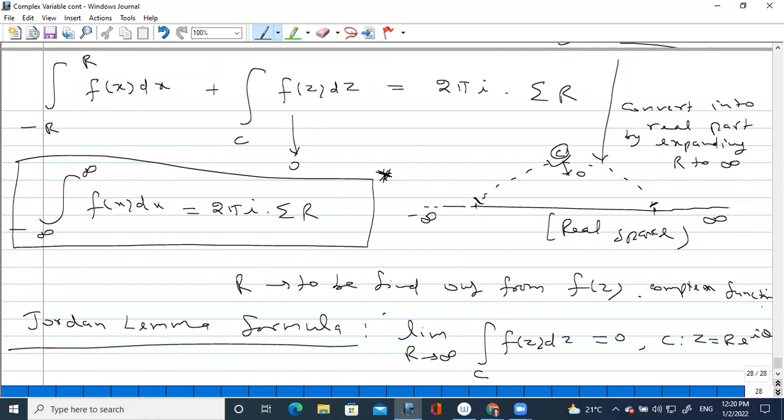Okay, so this was Jordan's Lemma formula, and it is applied for a half circle also. Our case it is a half circle only, but Jordan's Lemma formula is for a full circle also.